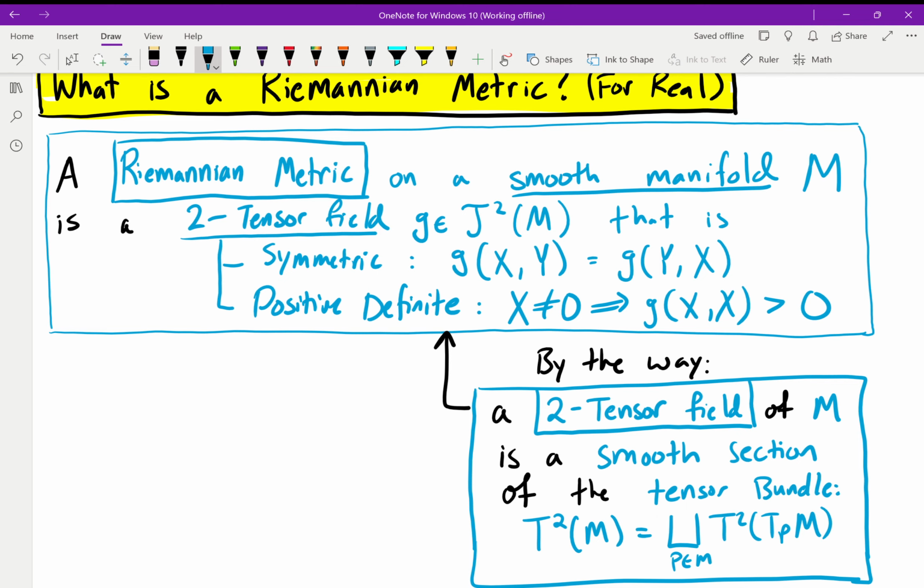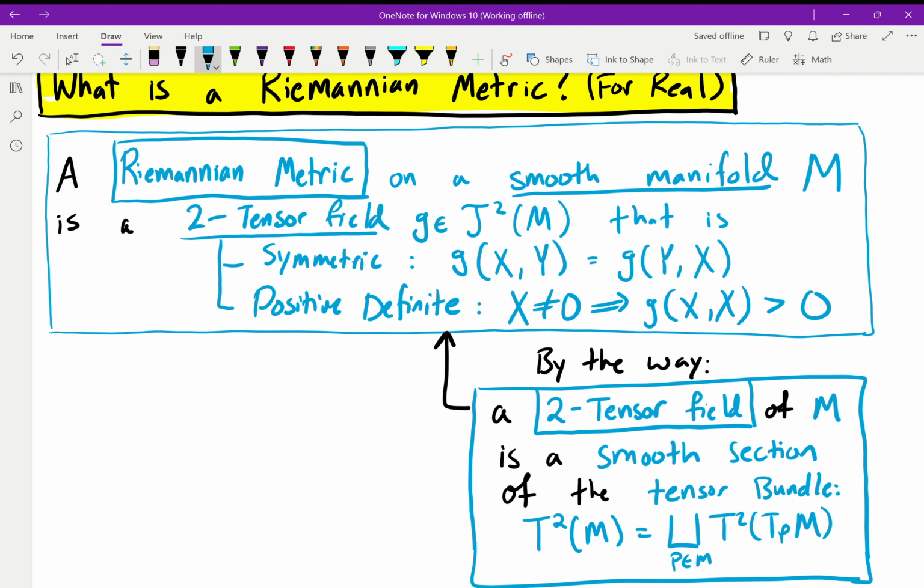And just as a reminder, a two tensor field is a smooth section of this happy little tensor bundle over here that Ashwin and Jacob were talking about last time we were here. And symmetric, of course, meaning doesn't matter which order you put the inputs in, we get the same thing. Positive definite, you plug in a vector with itself, it's greater than 0 unless the thing you're plugging in is 0.